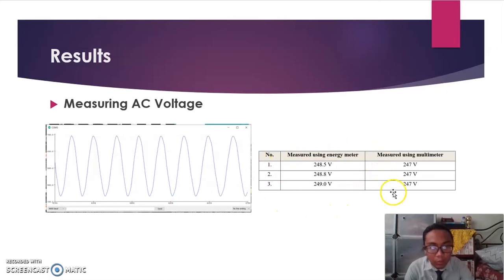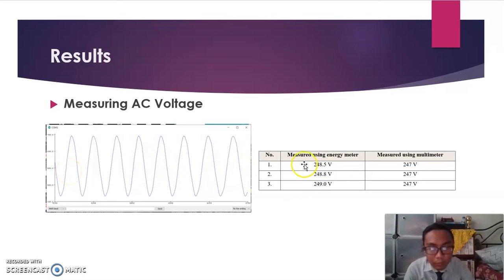After we did the experiment, you can see that the measured value of voltage by using the energy meter is not much different compared to the voltage measured by using the multimeter. The multimeter value is slightly lower than the energy meter measurement.